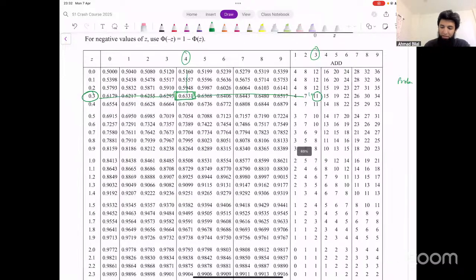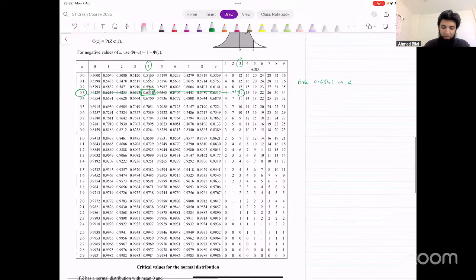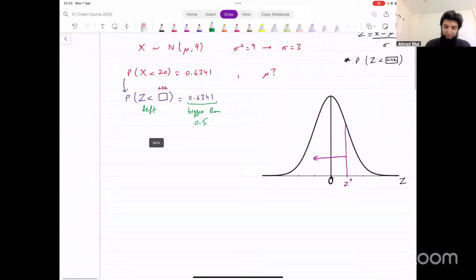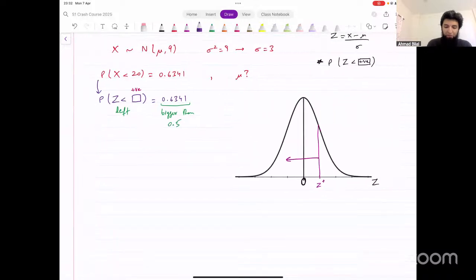So what's the z-value going to be here? The z-value is 0.343. So now we say the z-value is therefore 0.343. And that's what we were looking for.